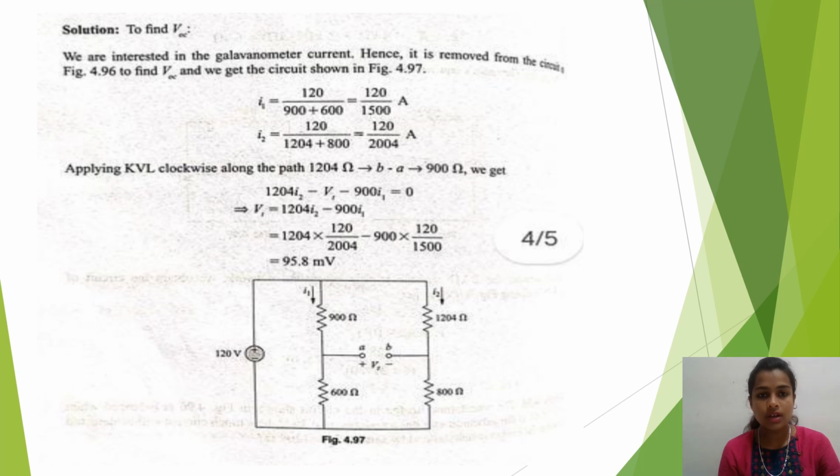Applying KVL clockwise along the path to the galvanometer terminals B minus A, that is 900 ohm, we get 1204 I2 minus V1 minus 900 I1 equal to 0, where V1 is equal to 1204 I2 minus 900 I1. 1204 into the I2 value, 120 divided by 2004, minus 900 into the I1 value, 120 divided by 1500, is equal to 95.8 millivolt.